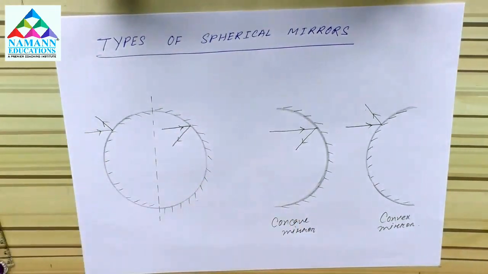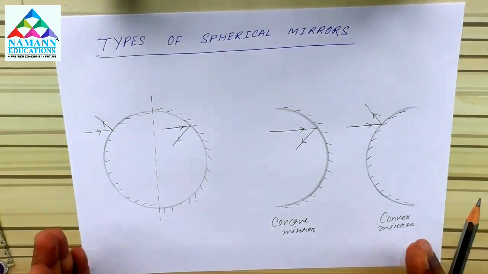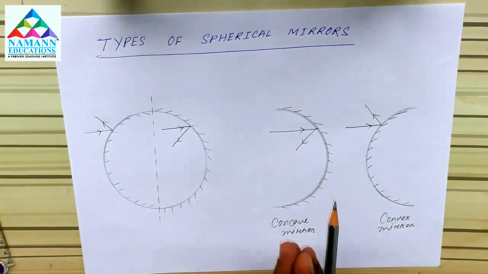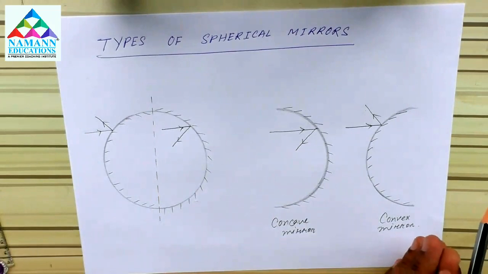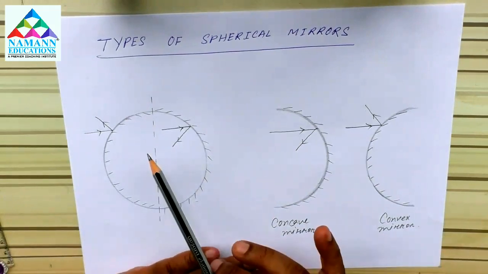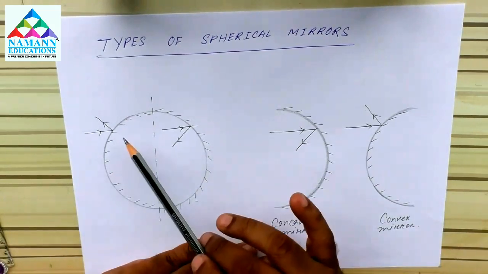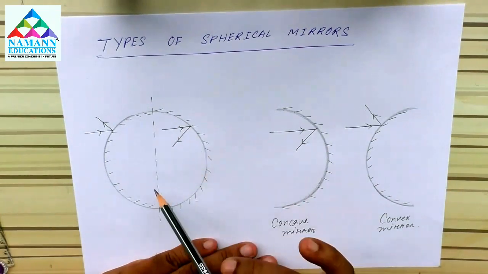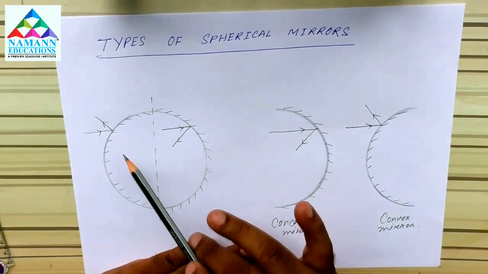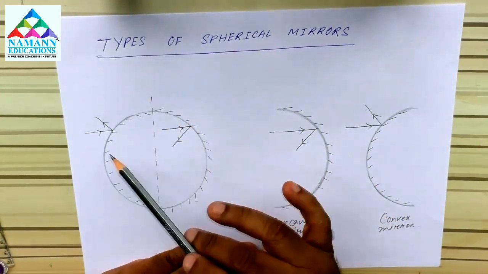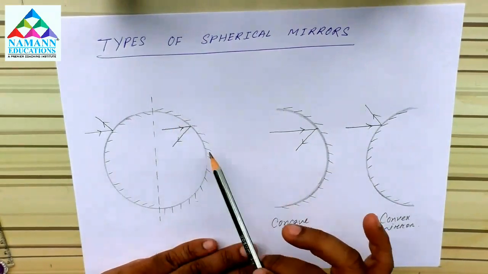Now if I ask you the three terms, spherical mirror, concave mirror and convex mirror. What do you mean by spherical mirrors? Spherical mirrors are those mirrors which are the part of a hollow sphere made up of glass and polished from one side.